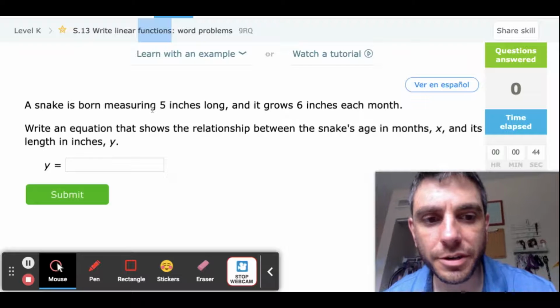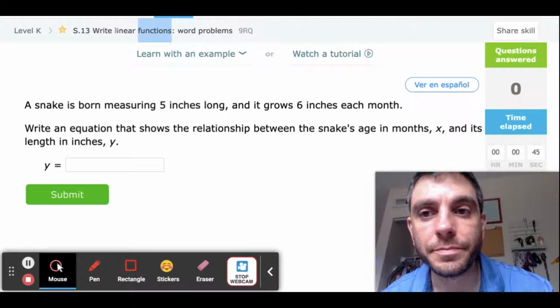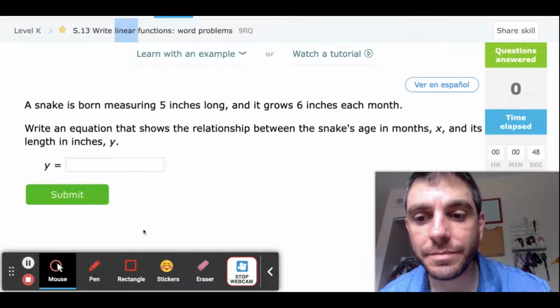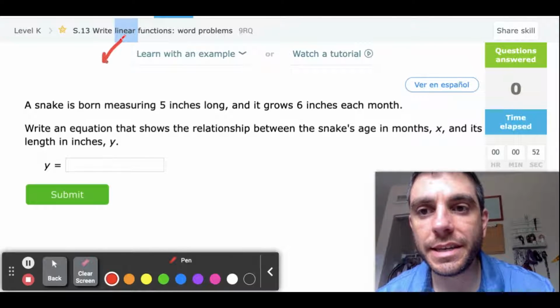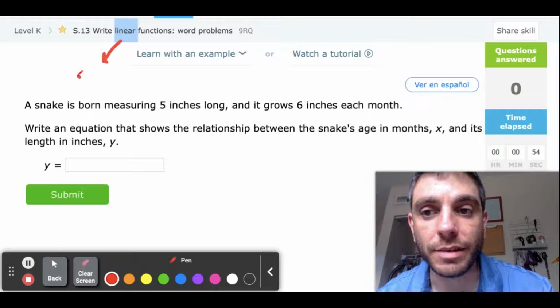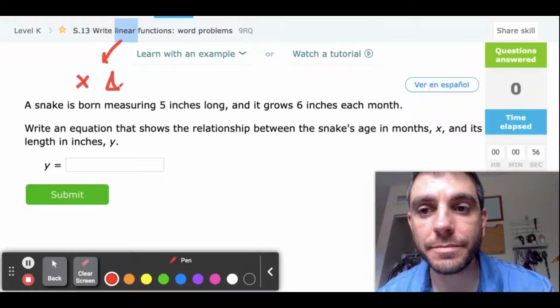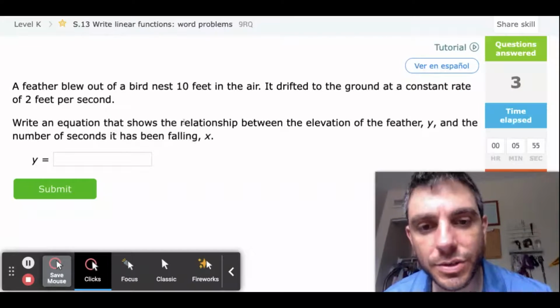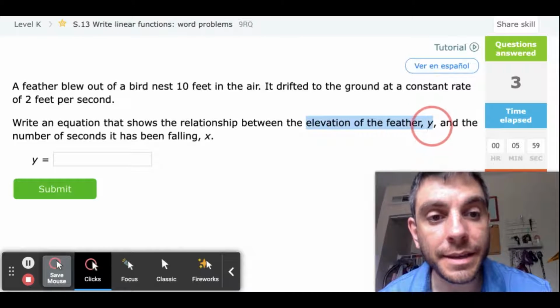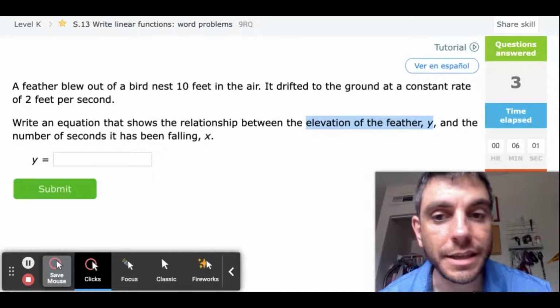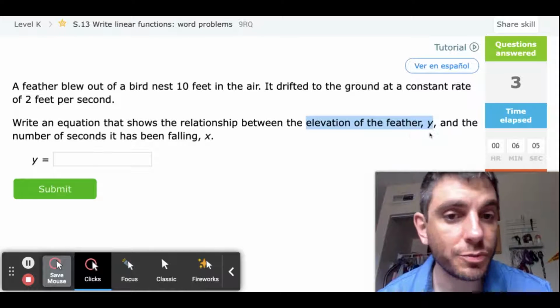The more important word, in my opinion, is the word linear. So if it says linear, when you see that word, always think it's going to have an X and a Y in it. In these questions, it does provide the meaning of the letter Y and the meaning of the letter X. So it tells us what Y is abbreviating.